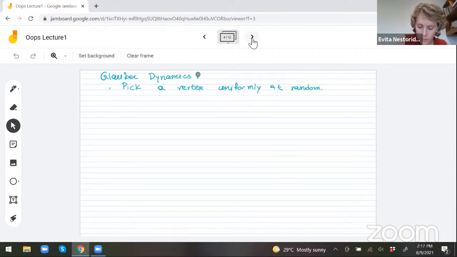Meaning, we start with a specific configuration in X, and we want to take a step. So we first pick a vertex uniformly at random, and we want to update the spin on this specific vertex. So let's call this vertex V. We want to move to sigma plus V or sigma minus V, where these things are defined as follows.